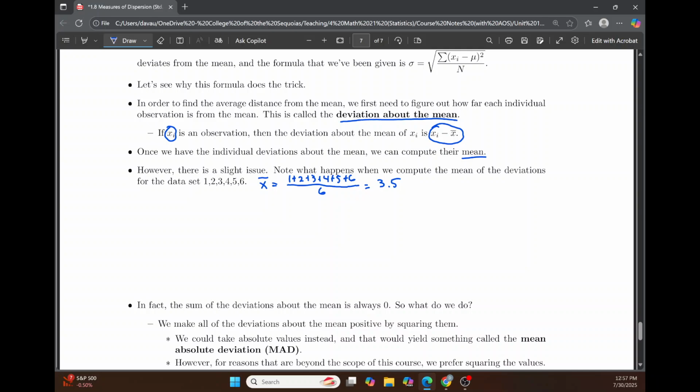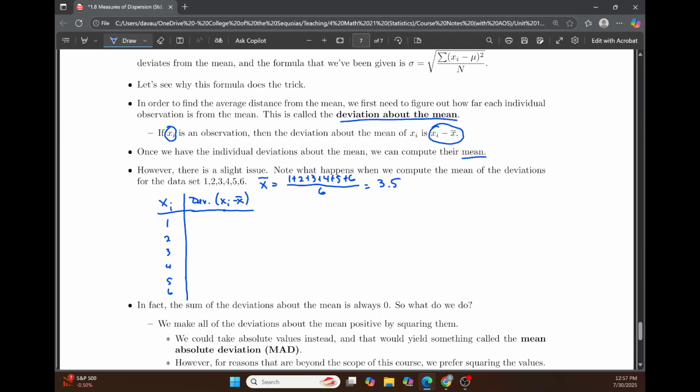So now if we try to compute the mean of the deviations, well, first of all, let's get the individual deviations. We'll get the deviations, right? That's going to be x sub i minus x bar. 1, 2, 3, 4, 5, 6. Okay.